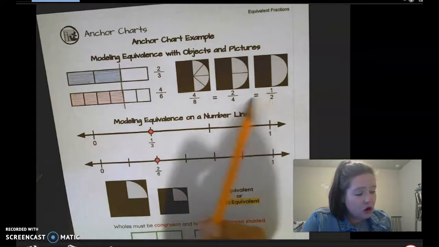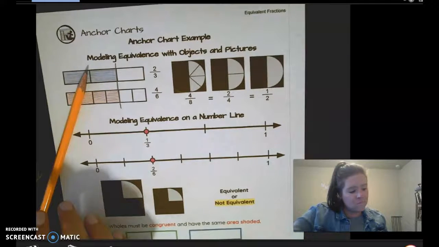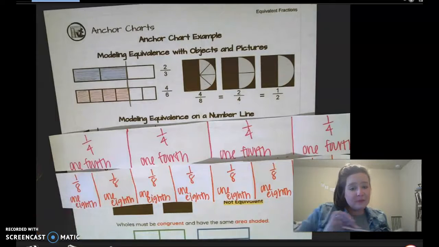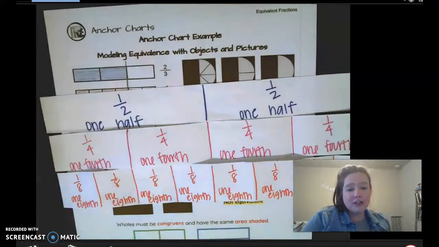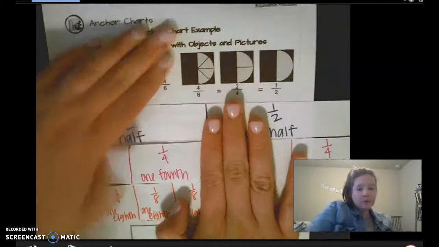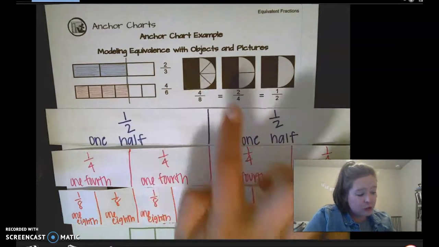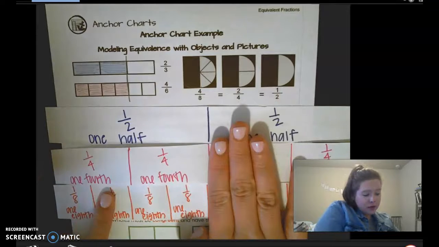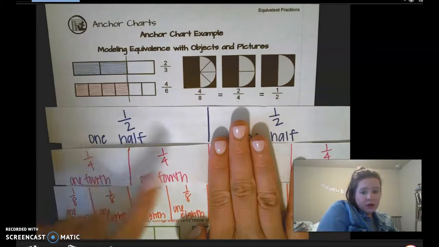4/8, 2/4, they're all equivalent to 1/2. So let me get out my 4/8, 2/4 circles, but you have fraction strips and you need to be using them. Okay, there are my fraction strips. This tells me that 1/2 or 4/8 is equal to 2/4. 1, 2, 3, 4/8 is equal to 2/4. 1, 2.